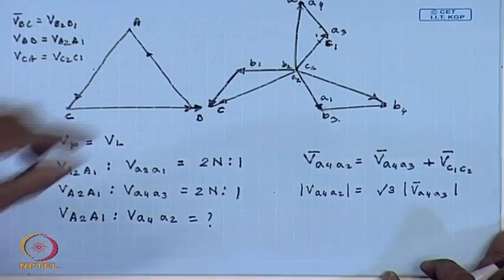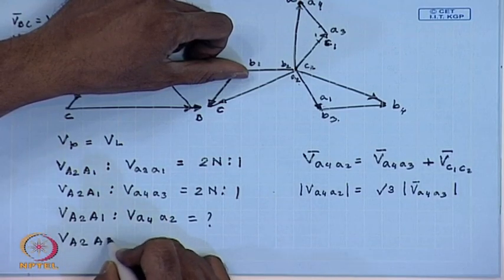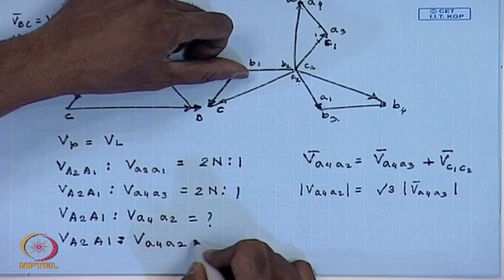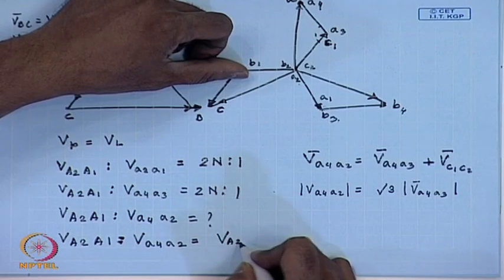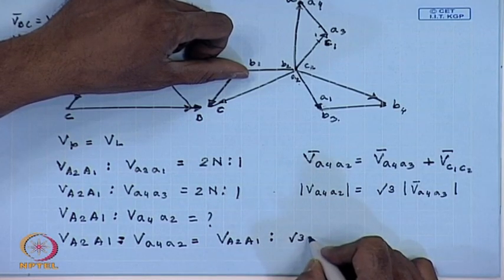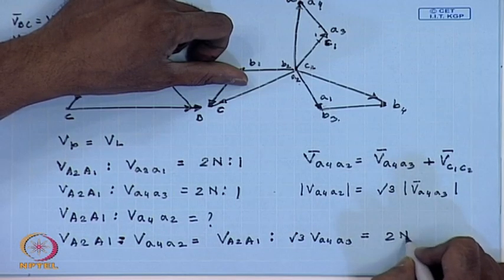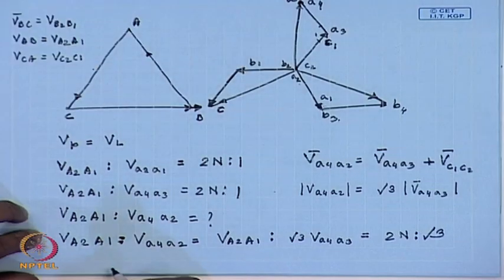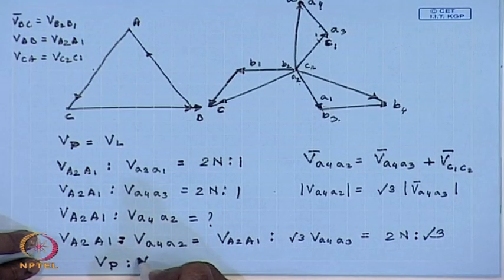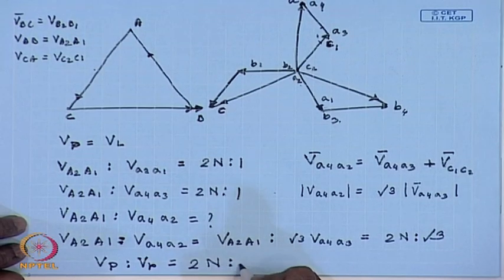Therefore, this will be equal to 2n is to root 3, or V phase is to v phase equal to 2n is to root 3.